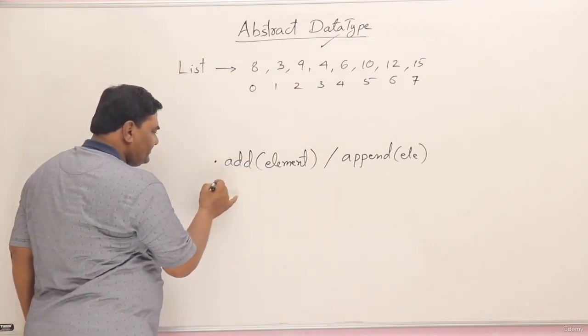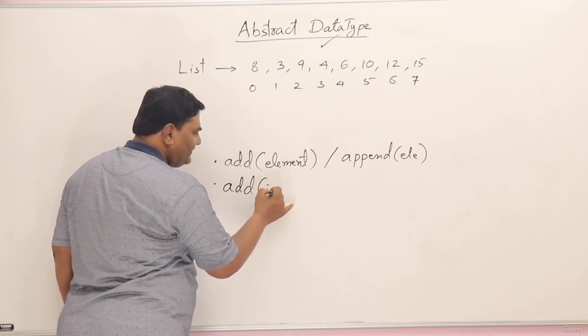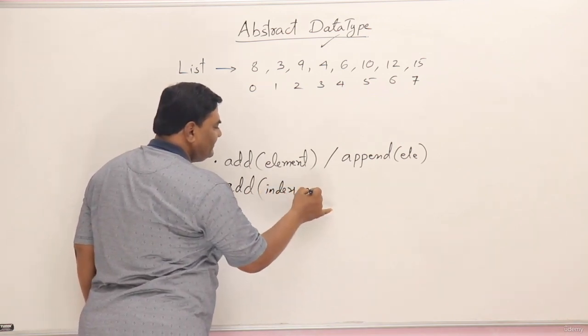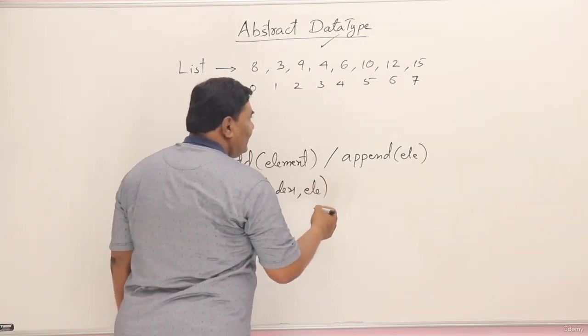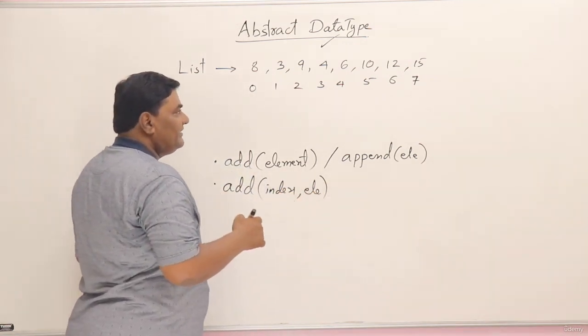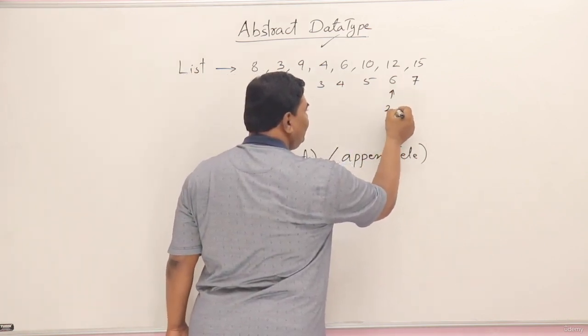Now the next operation: add an element at a given index. So adding an element at a given index. For example, I want to add 20 at index 6. So here I want to insert 20.